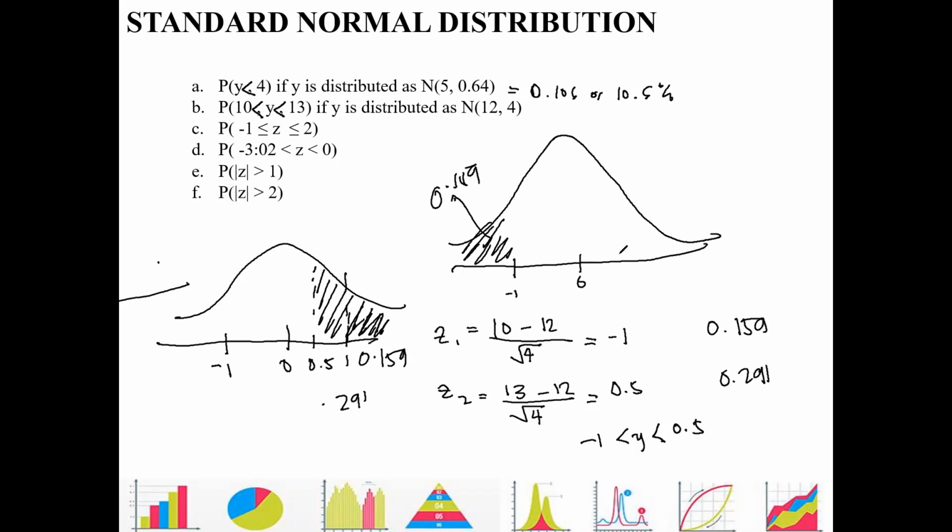Now, ang tinutukoy natin dyan is the area between negative 1 and 0.5. Kasi greater than negative 1 but less than 0.5. So ang tinutukoy natin dyan is itong area na to.